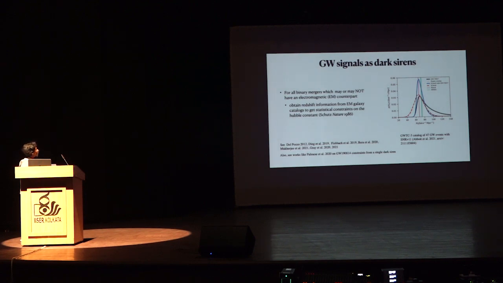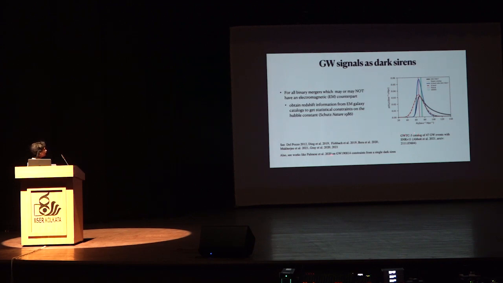In this case, if you don't have a direct EM counterpart, then one can still try to obtain redshift information by looking at all the galaxies within the sky localization of a given event, and then do the same analysis for many more events, and thereby statistically get constraints on the Hubble constant.